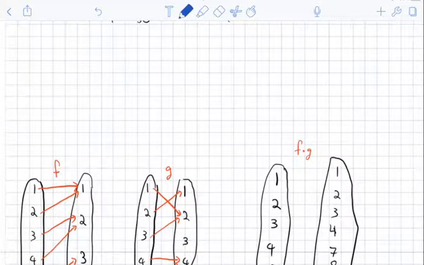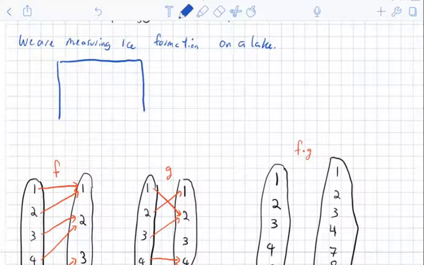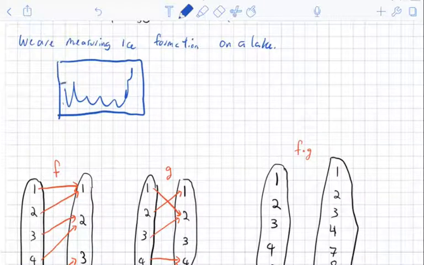We are measuring ice formation on a lake. It's winter, and because of the lake, what it does is it freezes. Here's the lake, and a big chunk of ice will freeze in a rectangular shape. Why? Because I said so.